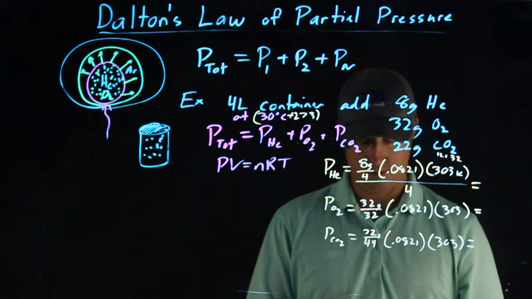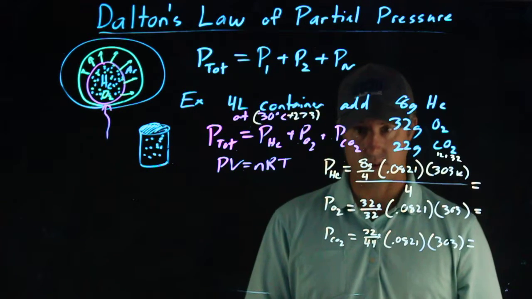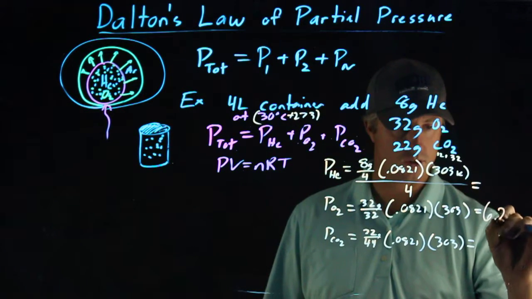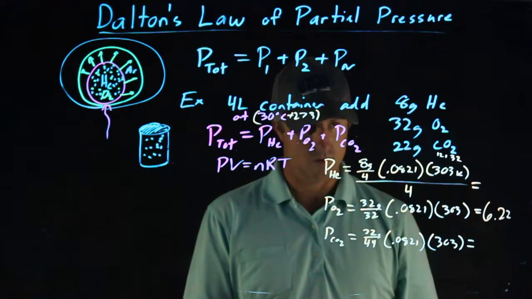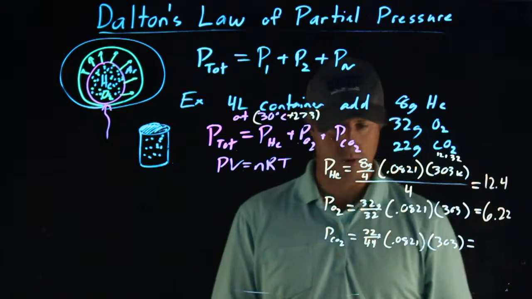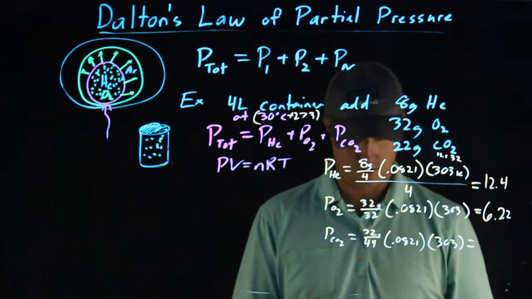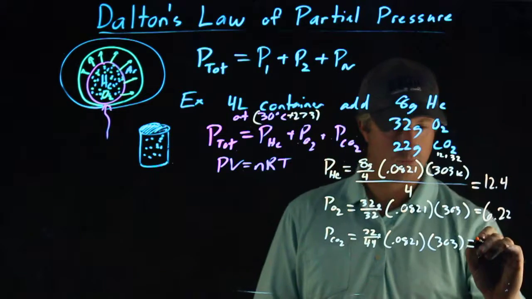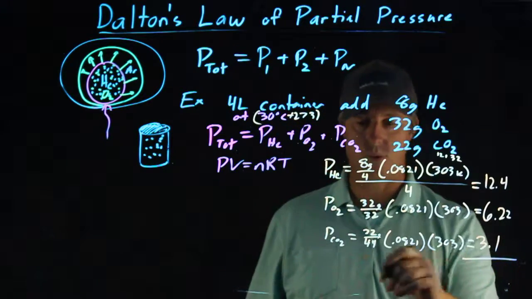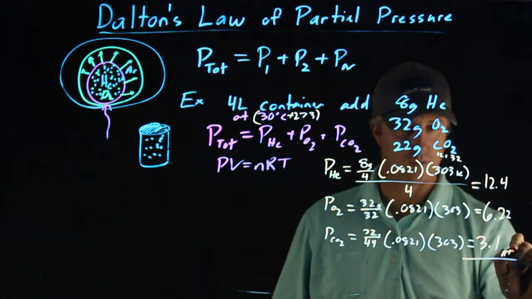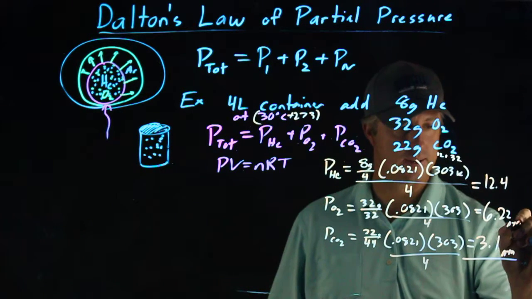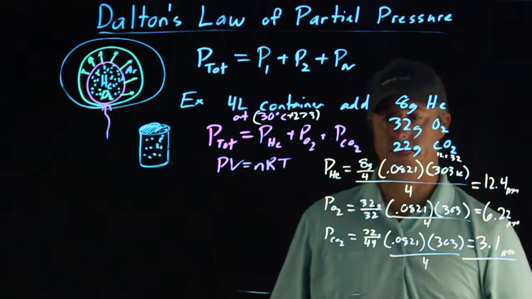This would give me 6.22, 12.4, and 3.1. Okay. These are all my pressures, and since this is pressure, this is atmospheres. Oh, by the way, all of these were divided by 4. Sorry, I left that out. Okay.